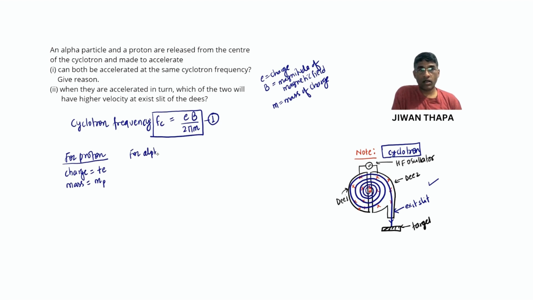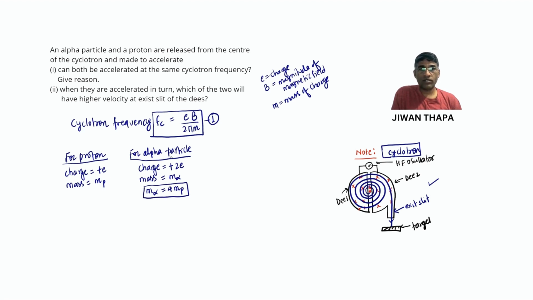For the alpha particle, we know the alpha particle is a helium nucleus. So the charge of the alpha particle is plus 2e, and let us denote the mass of the alpha particle by the symbol m alpha, and we know the mass of the alpha particle is 4 times the mass of the proton.